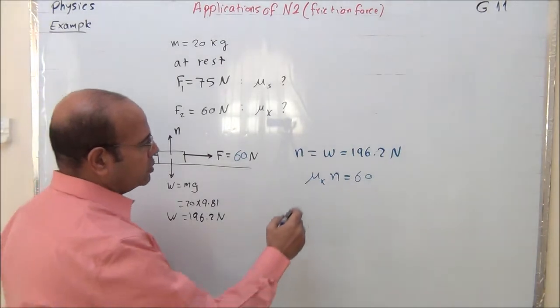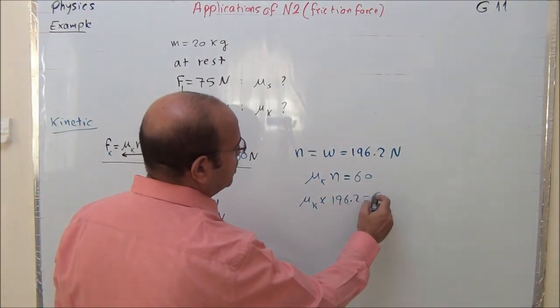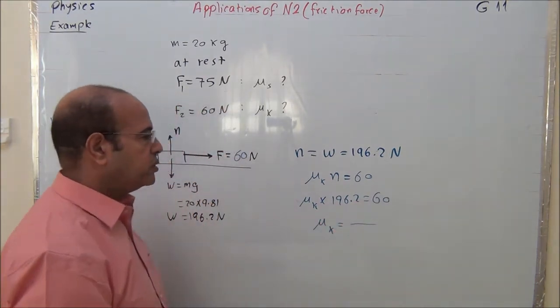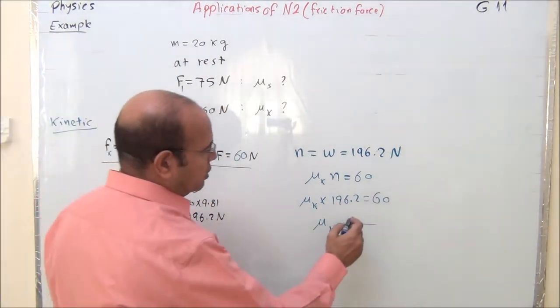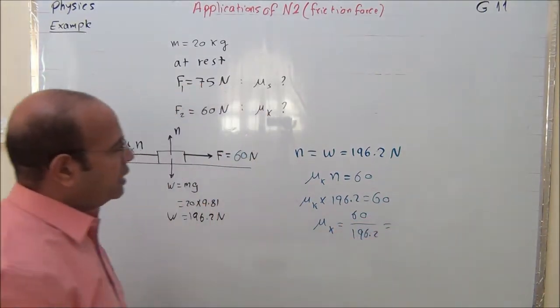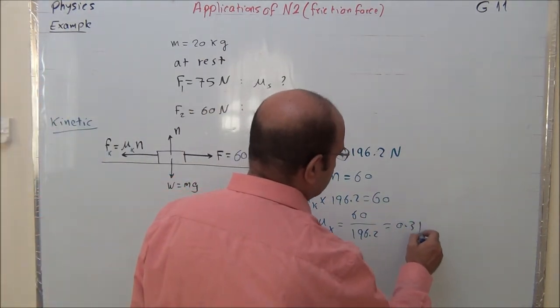N is the same, so mu k multiply 196.2 equals 60. So mu k, the coefficient of kinetic friction, equals 60 divided by 196.2. The answer is 0.31.